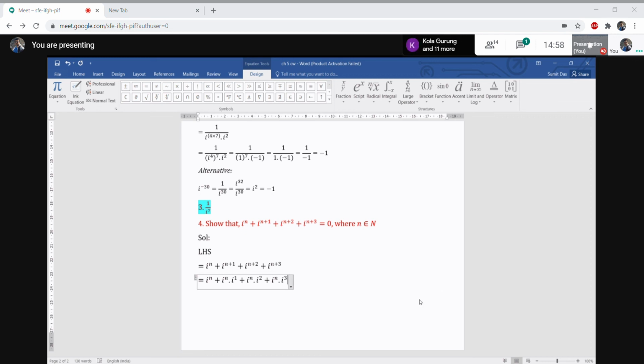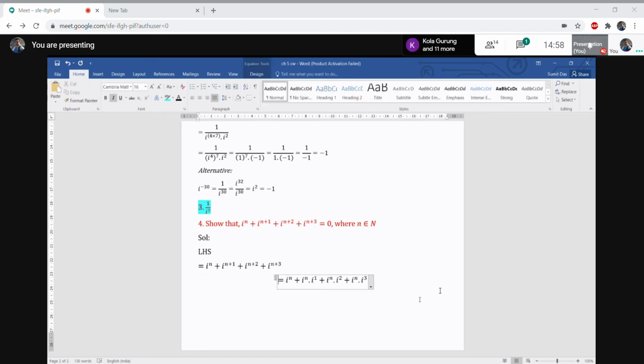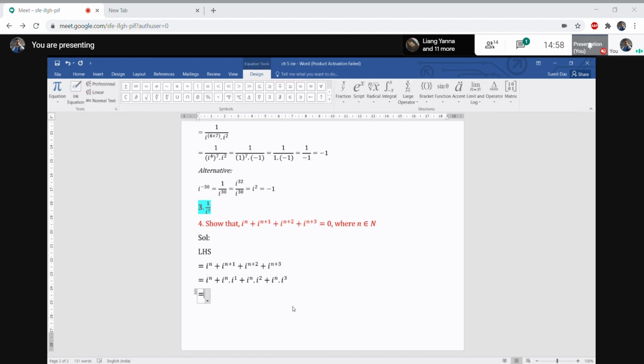Fine. Next, what we'll do, we'll just take i^n common. If I take i^n common, what will be left? 1 plus i squared plus i cubed. So i^n, in the bracket just put the value: 1 value 1, i value we are not changing. What is the i squared value? Minus 1.